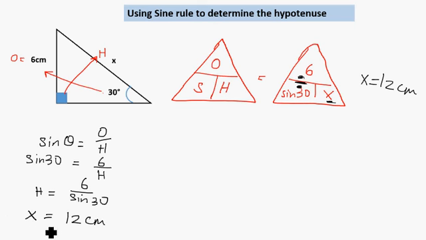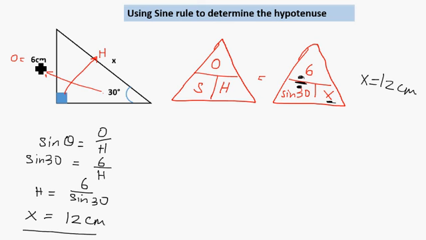In this case it's x. So we have found the hypotenuse, which is 12 cm. Also note, hypotenuse is the longer side, so the answer will always be longer than the opposite side. That's something you will be able to identify as you do examples.